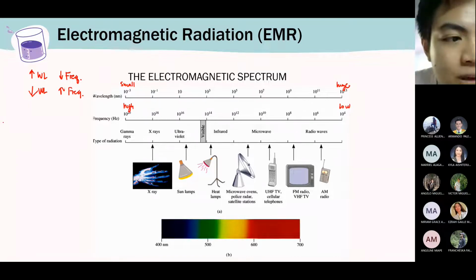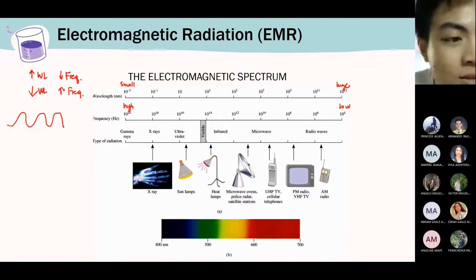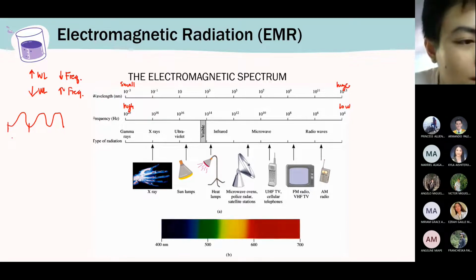When I say oscillation of energy, we represent it as waves like this, literal waves of energy. When it does one cycle, from this trough to the next trough, that is one wavelength.